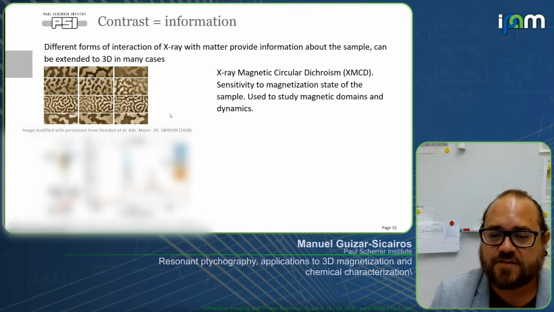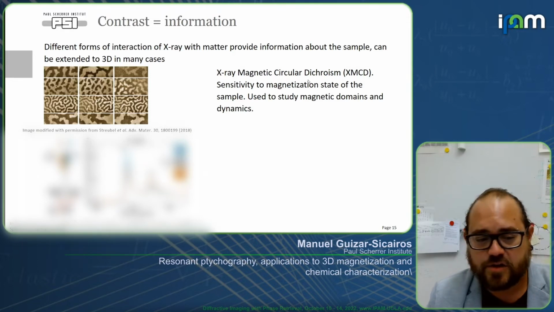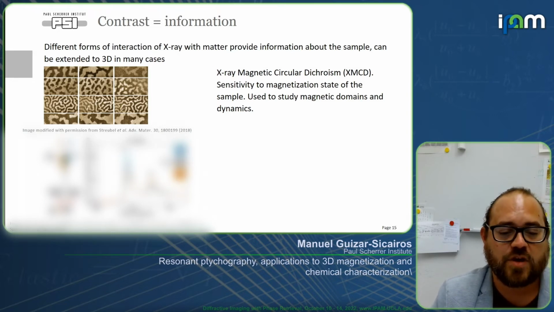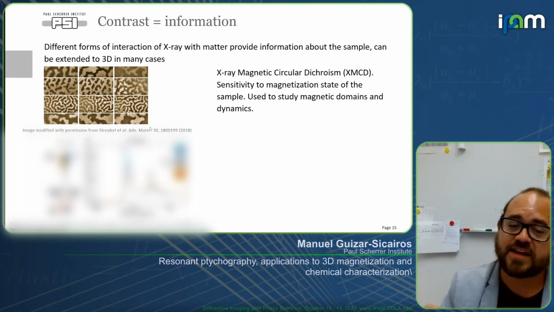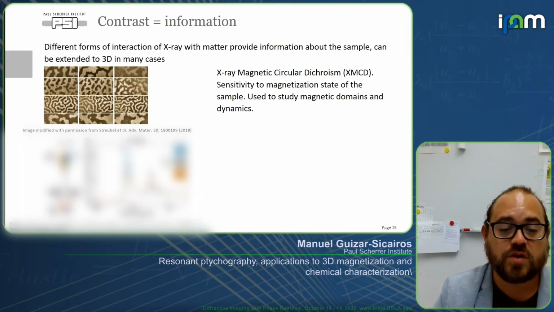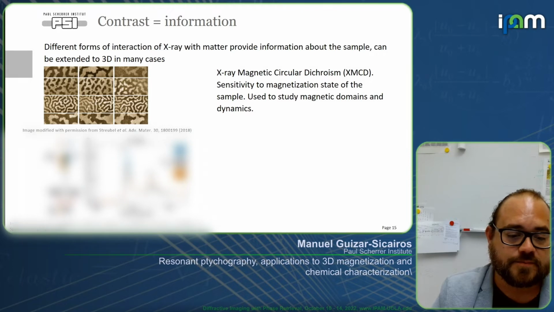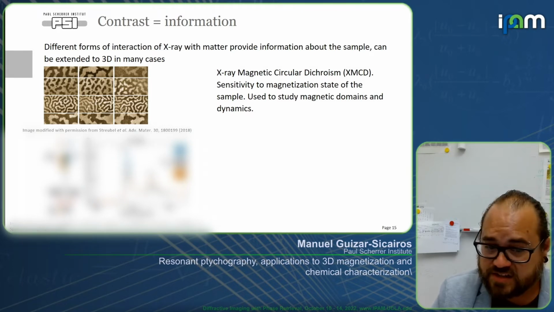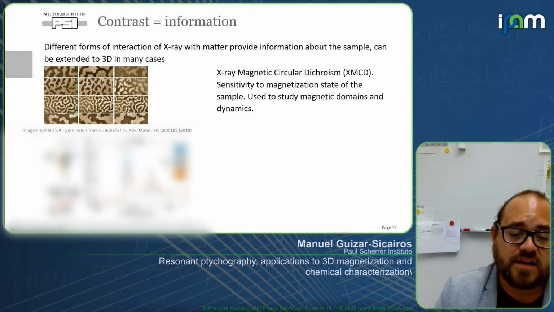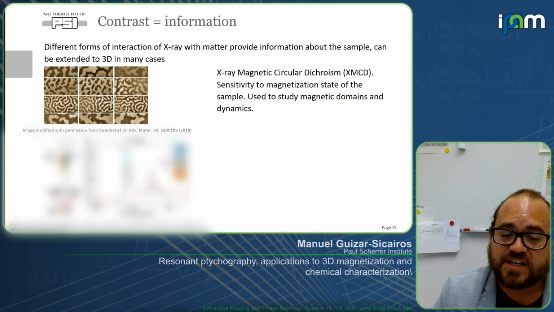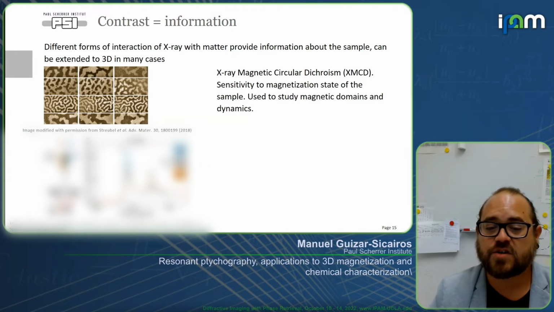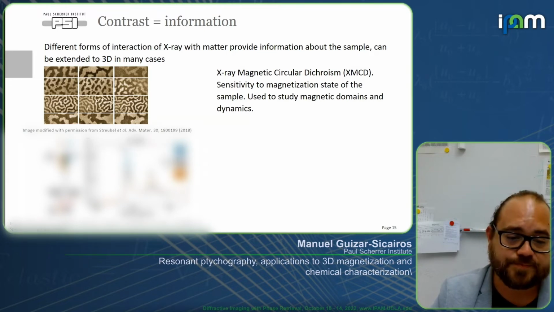So in this case, we have X-ray magnetic circular dichroism. And very briefly, the way that it works is that if you have circularly polarized light, and you have this magnetic moment, and you tune the measurement to the energy of resonance, which in this case is the iron resonance, then, if your circular polarization matches the moment of the local magnetization, you get increased absorption.